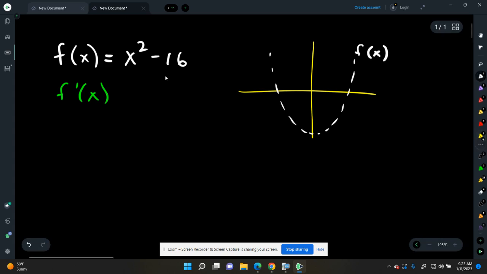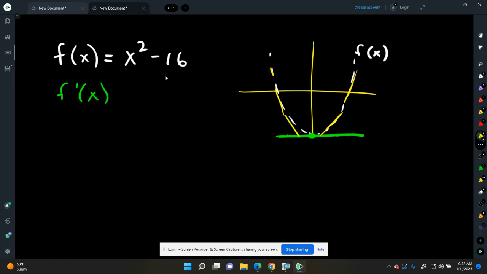Okay, I know that I have a minimum point down here. I know that for a fact. But if I look at that minimum point, because it's a minimum, because it's changing from, in this case, decreasing to increasing, my slopes of my tangent lines are all negative over here, and then we change to positive.